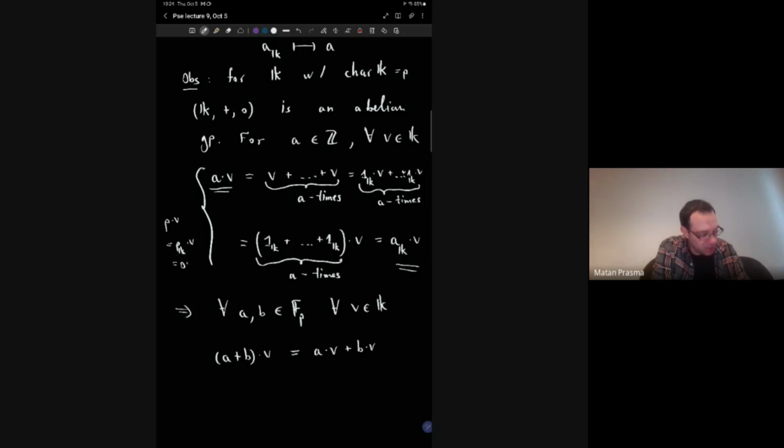So you get 0 times V, which is 0. And this is why this equation star holds: if I do a plus b in F_p, then it's the same as doing a times V plus b times V.